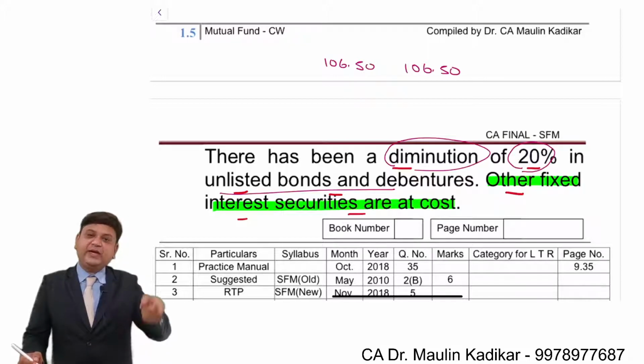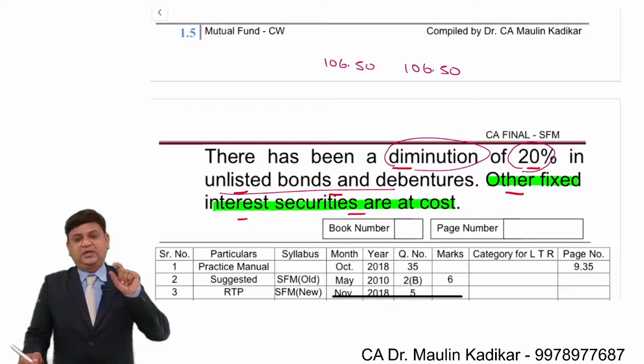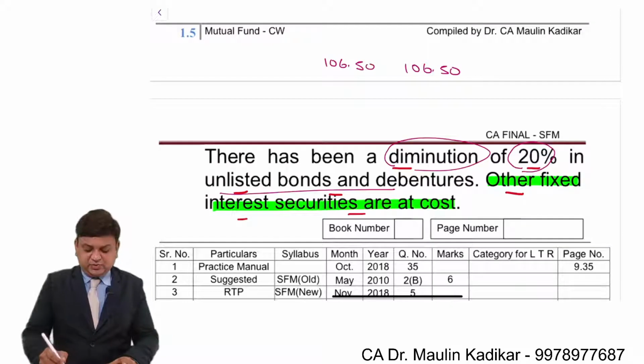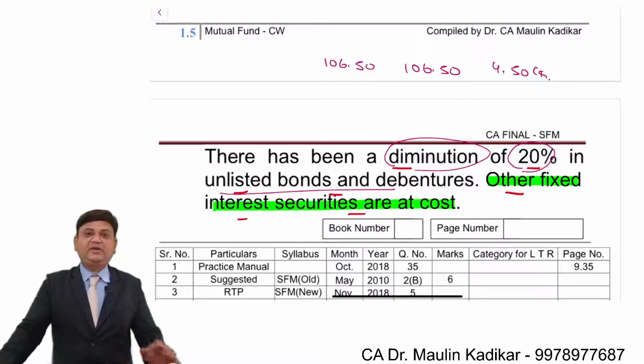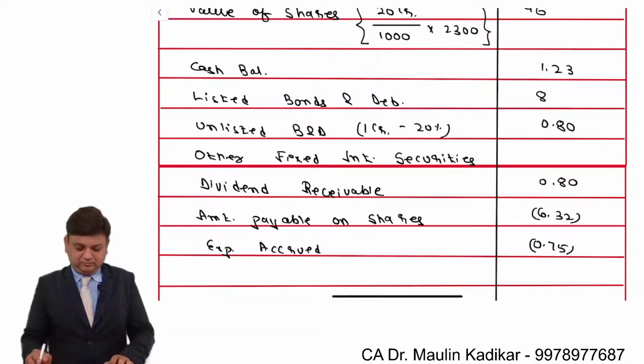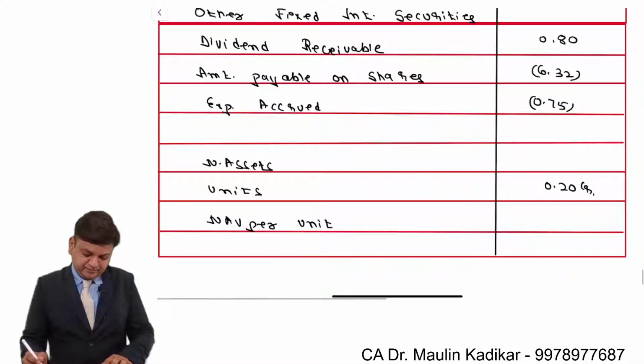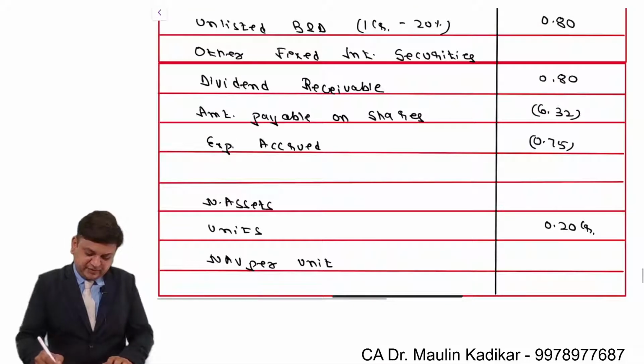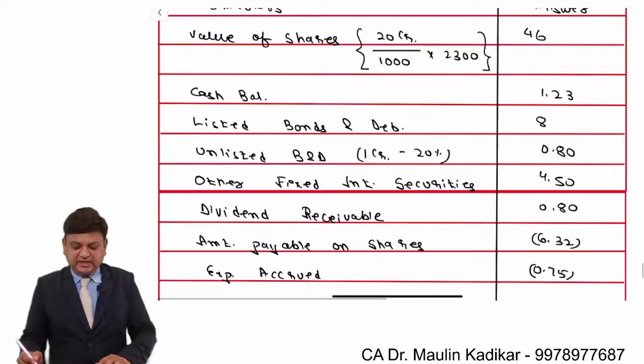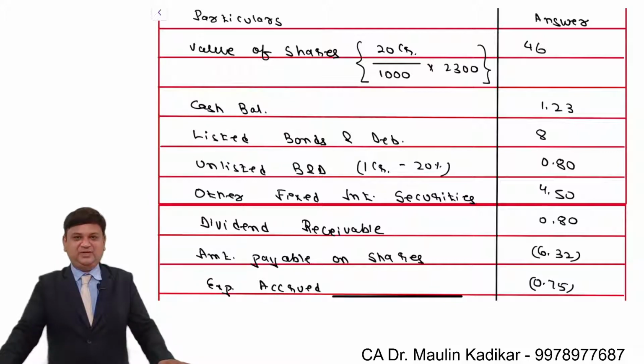So for the purpose of NAV calculation, other fixed interest securities will be taken at 4.5 crore. This is the way we are required to calculate the answer. So other fixed interest securities, in that we will consider 4.5 crore. With that, the net asset and net asset value per unit will be found.